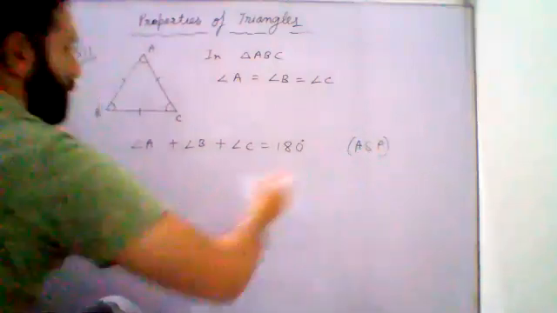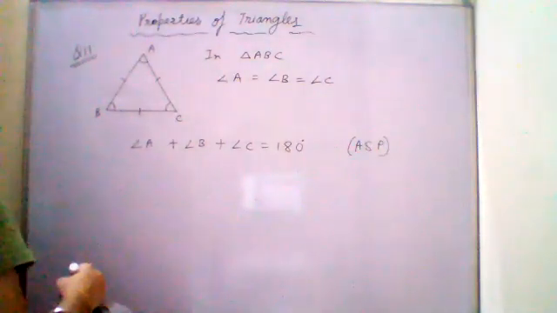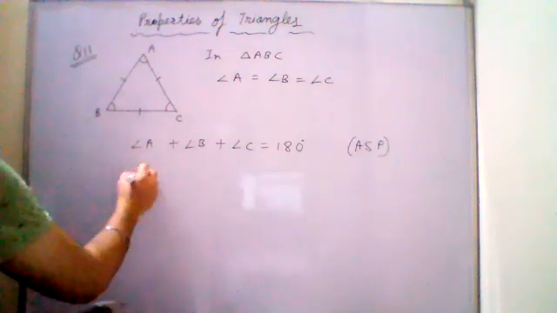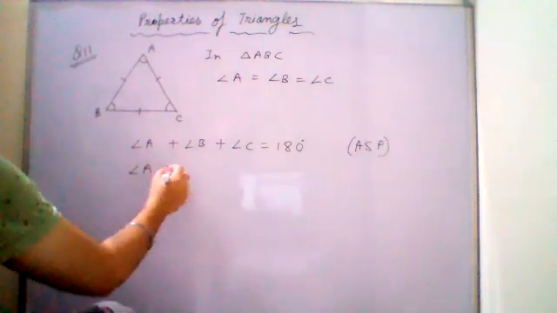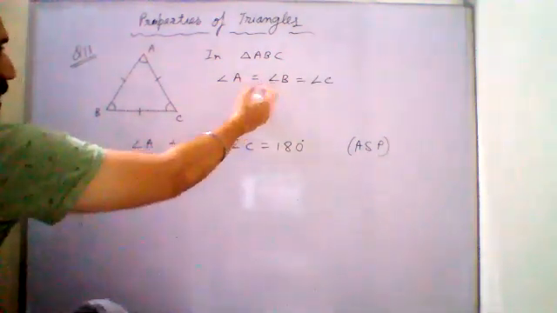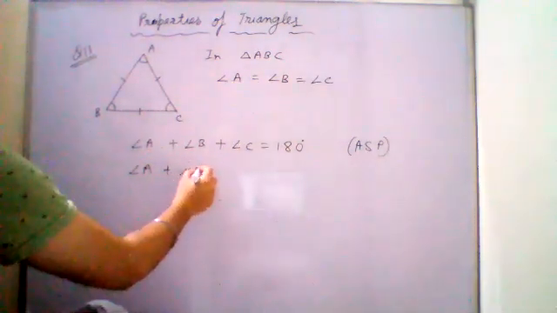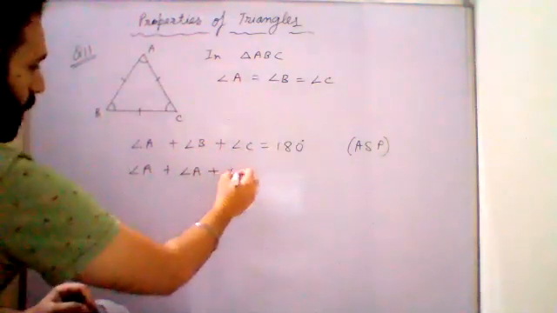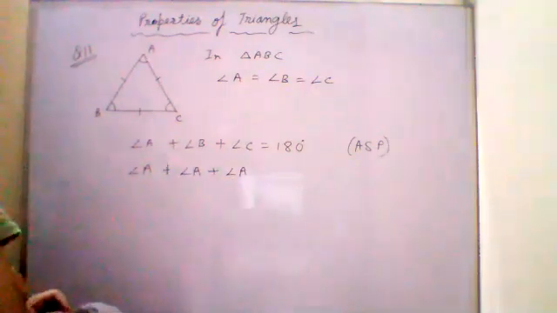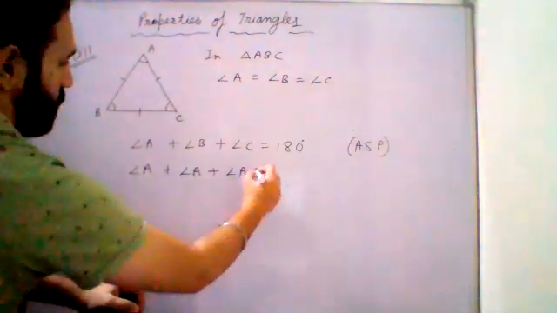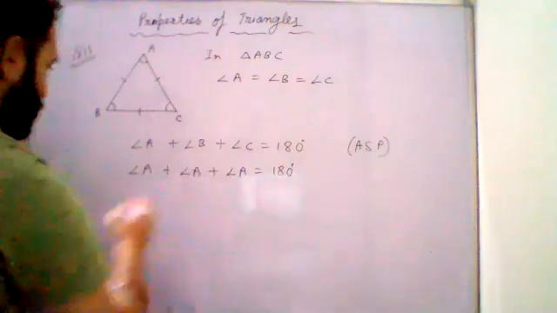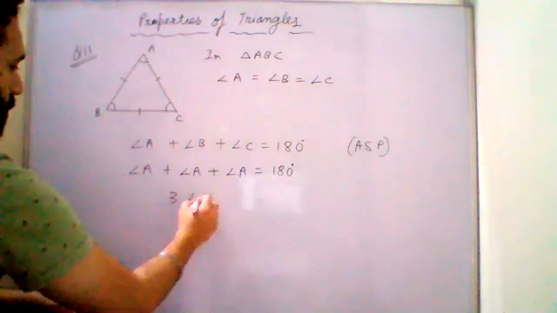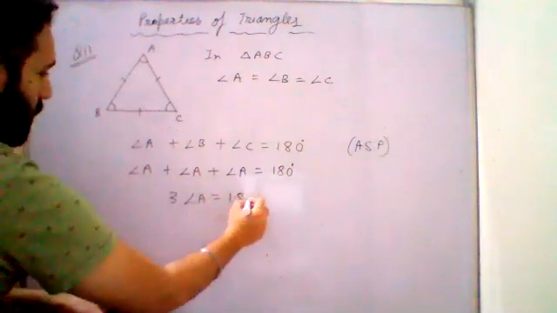Write the reason in full form. Don't write it in short form. Angle A plus angle B. In place of angle B, I am writing angle A because all the three angles are equal. And in place of angle C also, I am writing angle A. So angle A plus angle A plus angle A becomes 3 angle A, which is equal to 180 degrees.